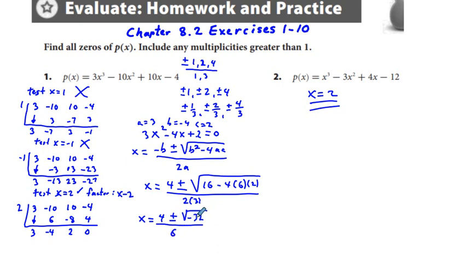And yeah, we're talking about irrational numbers now, or at this point forward, complex numbers. So basically, square root of negative 32, we can, and I'm going to go to the right here. So we're going to have 4 over 6.